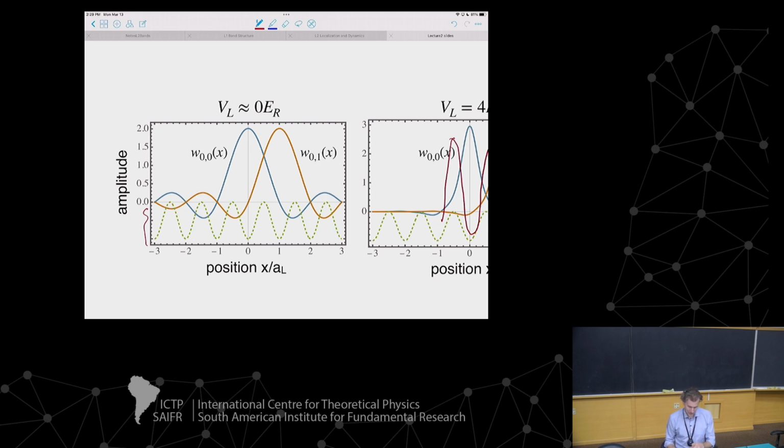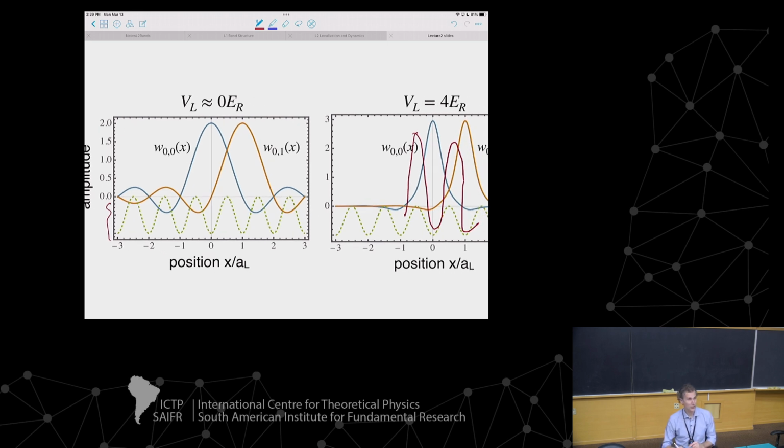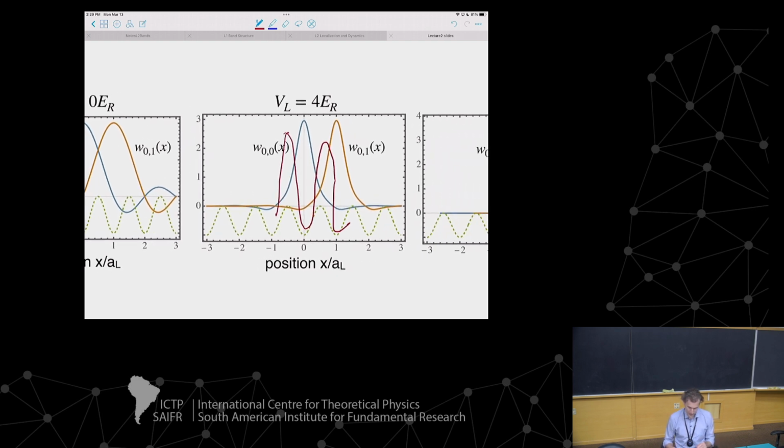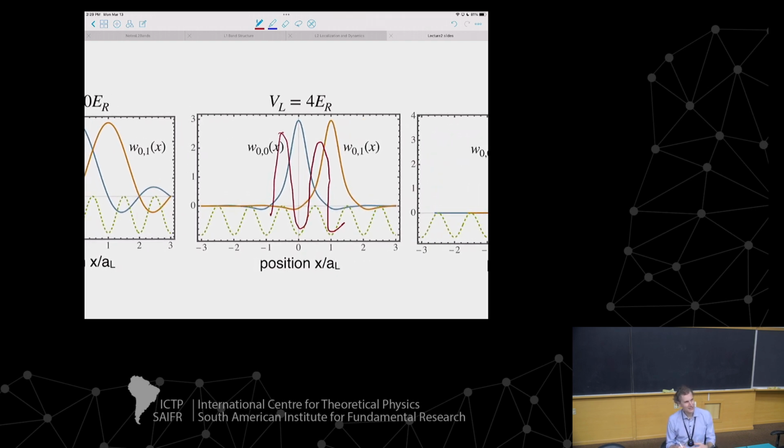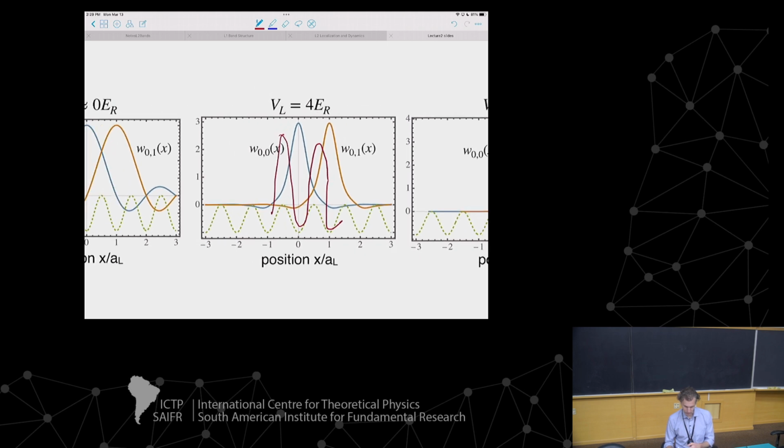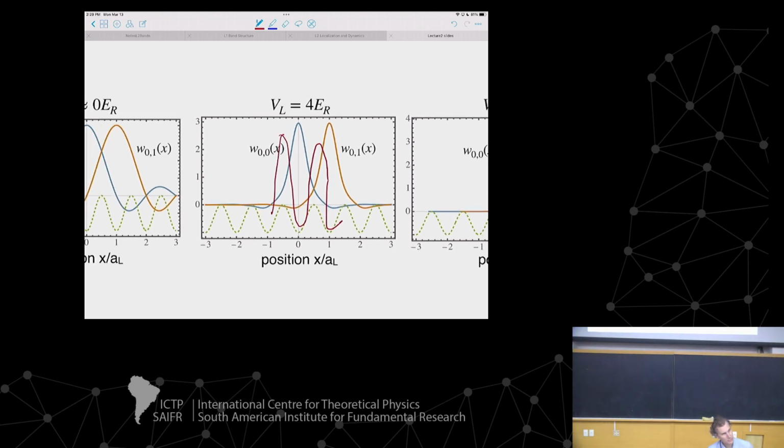But this isn't really a valid Wannier function for various reasons. You have to have at least a little bit of lattice. I feel like I haven't answered your question. Okay, I will talk about tunneling probability in a moment, if that'll help.